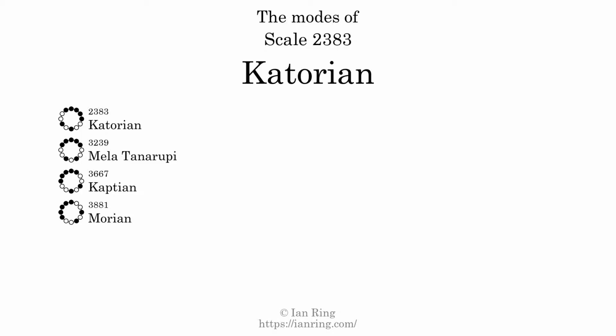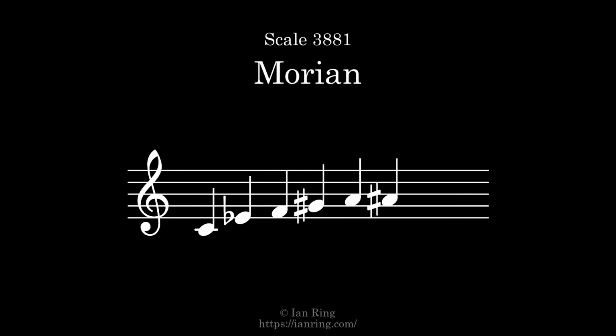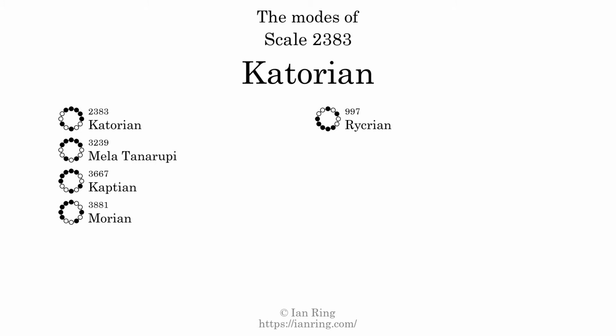The fourth mode is scale 3881, also known as Mauryan. It sounds like this. The fifth mode is scale 997, also known as Requiem. It sounds like this.